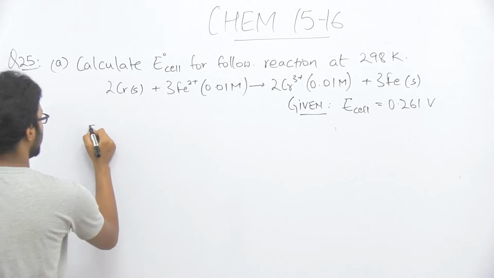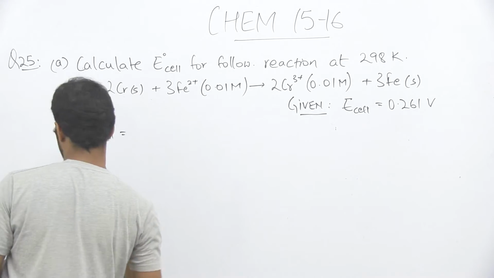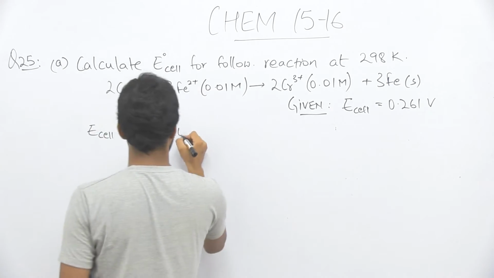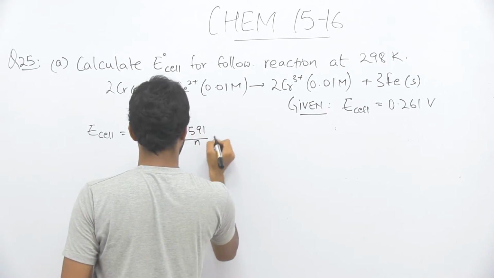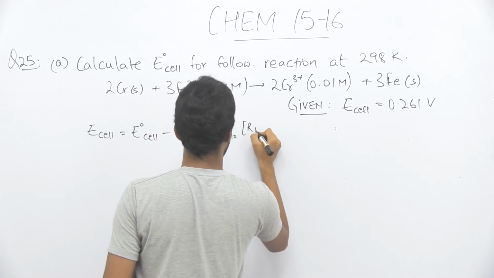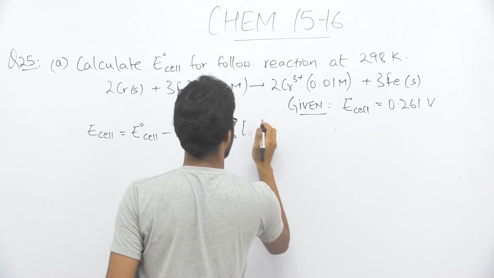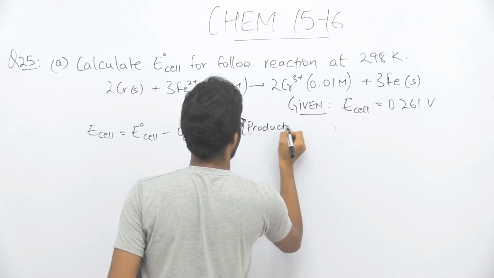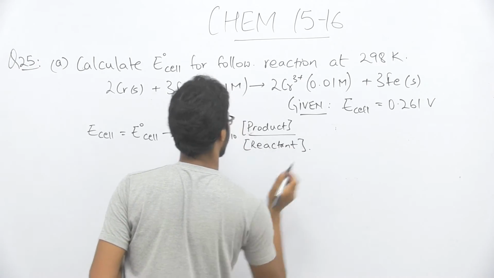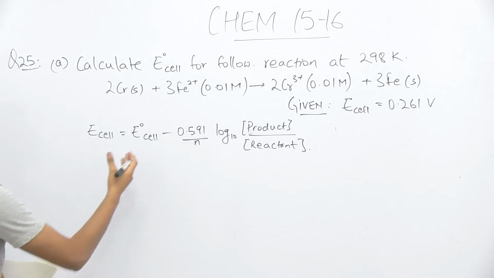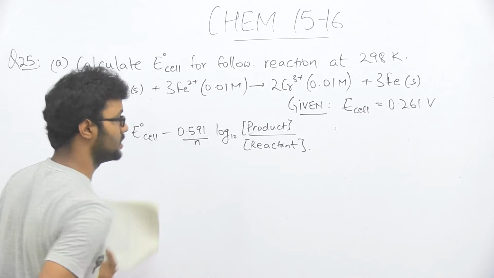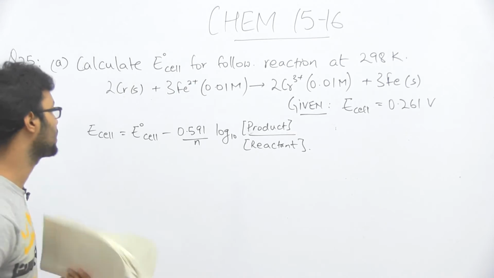So as we know that E cell is equal to E naught of cell minus 0.591 over n log 10 concentration of product over concentration of reactant.